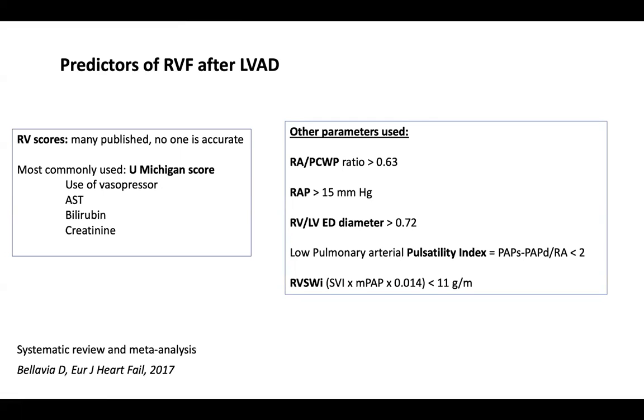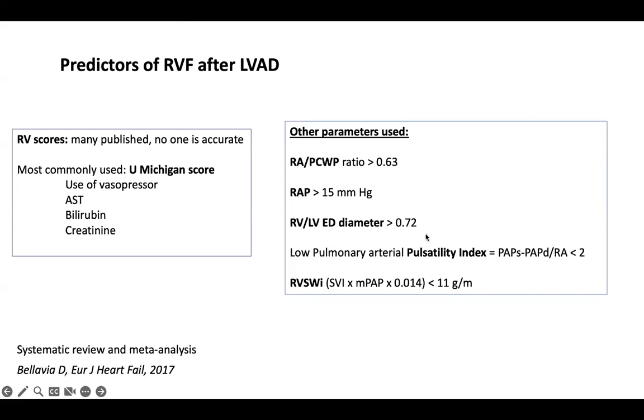The first one is the ratio between the right atrial pressure and the pulmonary capillary wedge pressure. And if it's above 0.63, it's bad. If you have a right atrial pressure above 15, it's also bad.